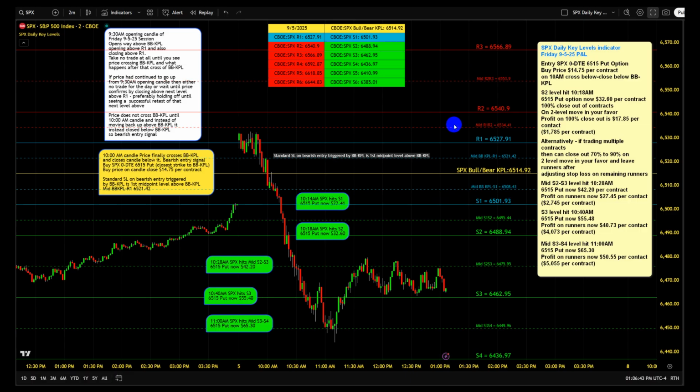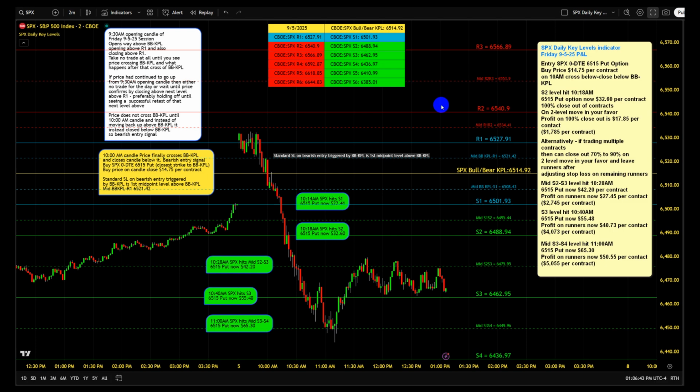These levels can also be used later in the session for entries, bearish or bullish. And when you take an entry later on in the session based on price action happening at those levels, you would use the same methodology for your stop loss levels.